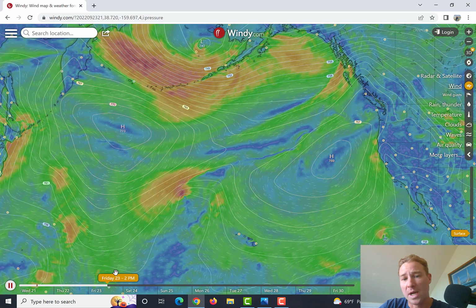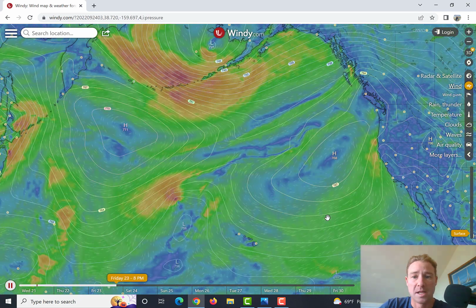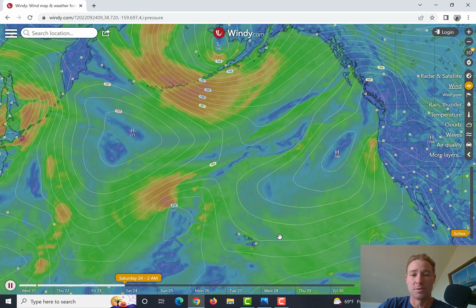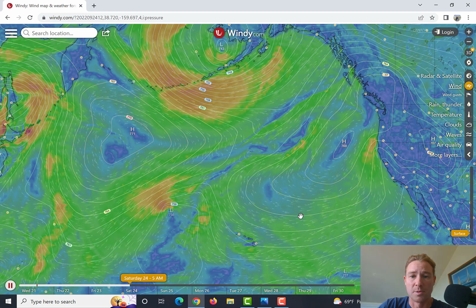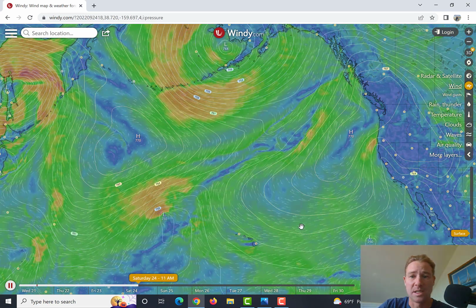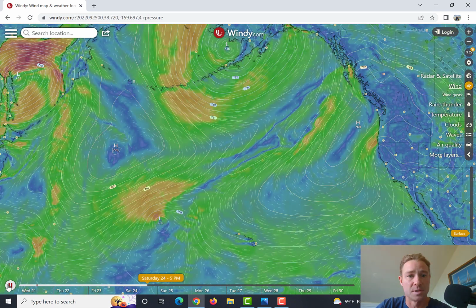And I'm actually waiting to get to a particular area where a low develops, and it really grows, and it grows, and it grows, and you see the wind grow and grow and grow, because you'll actually visibly see on the map here, you'll see where the high pressure moves into the low pressure.